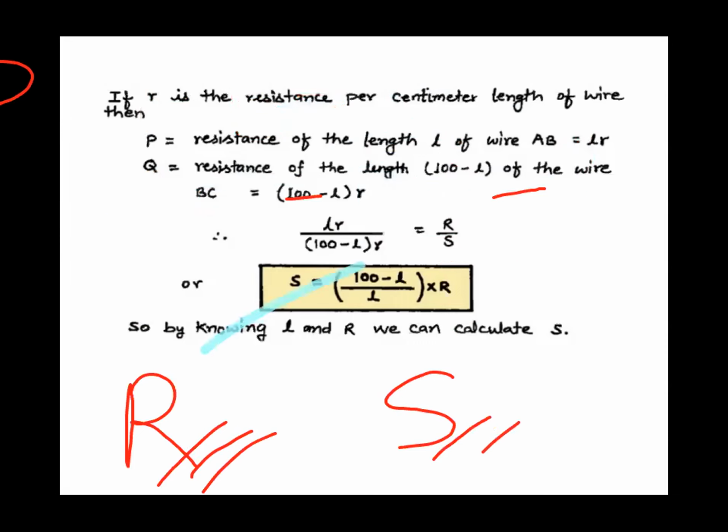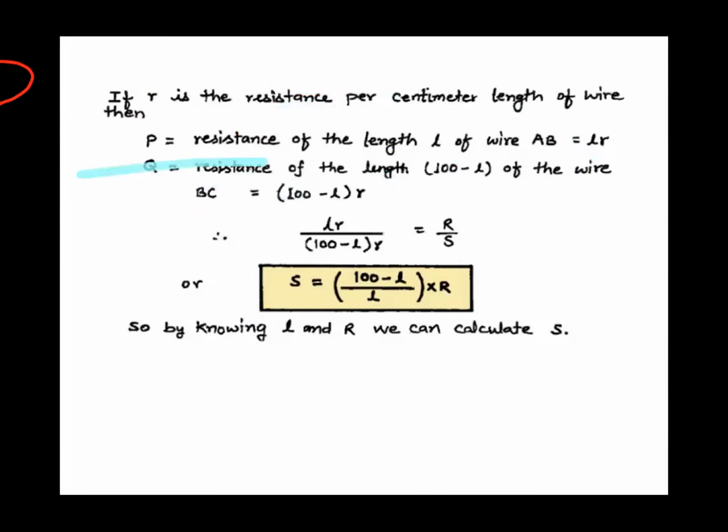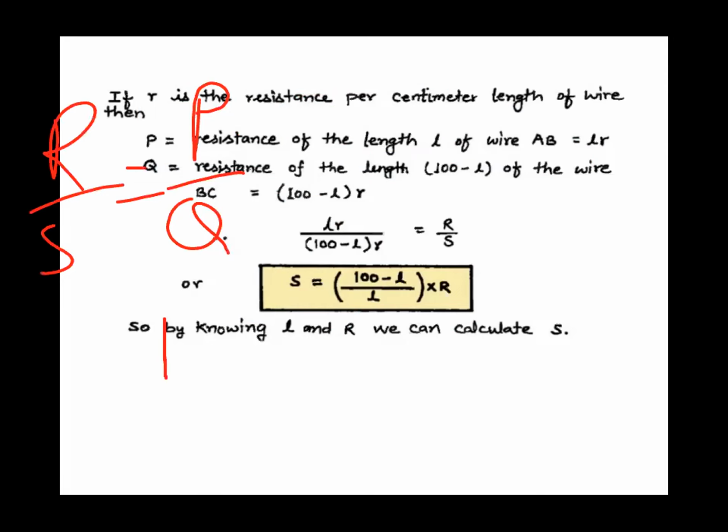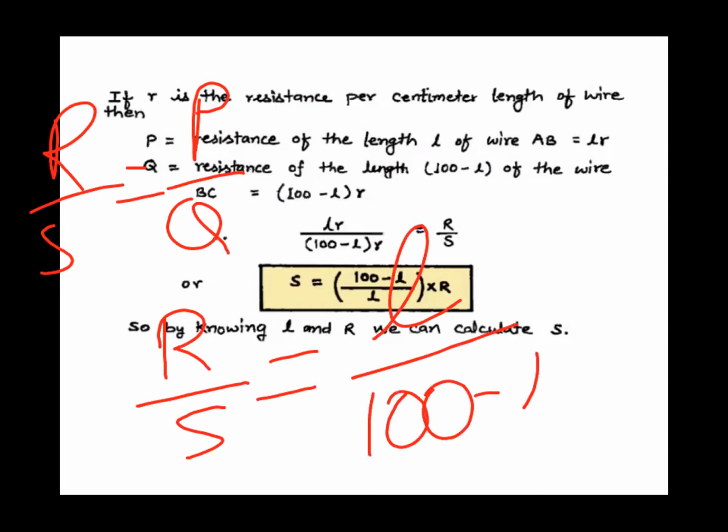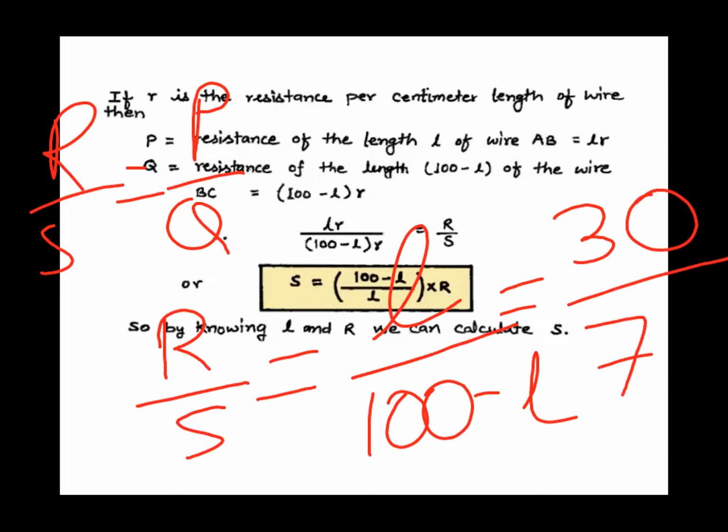Let's put the values and get the answer. So it is P by Q equals R by S. R we know, S we have to find. P is L and Q is 100 minus L. Just now I supposed that the length is 30. So L is 30 upon 100 minus L, which is 70, right?